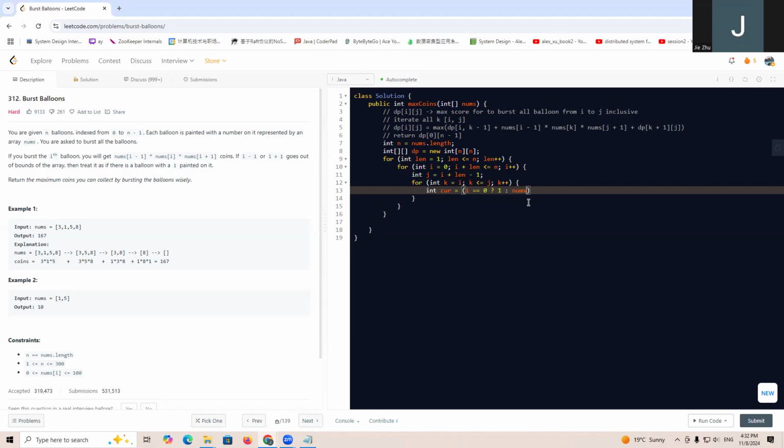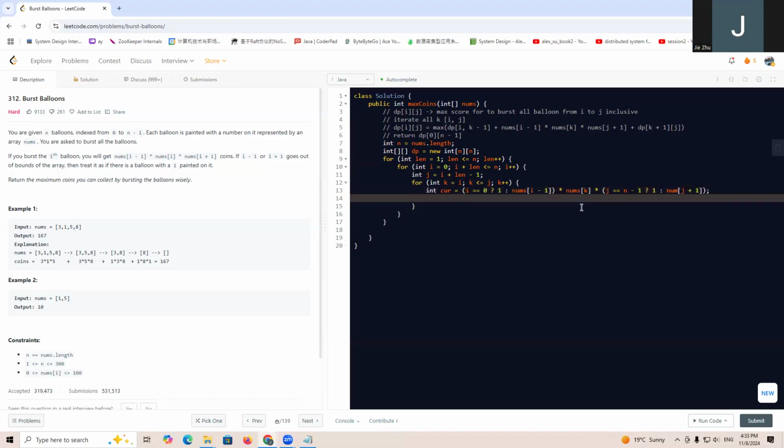Otherwise, it will be nums[i - 1], multiplied by nums[k], multiplied by, if j equals n minus 1, then it is 1. Otherwise, it will be nums[j + 1]. So this is the middle part, right?